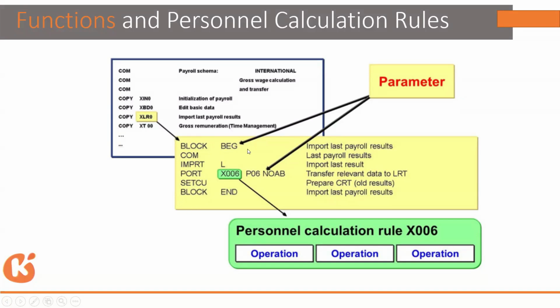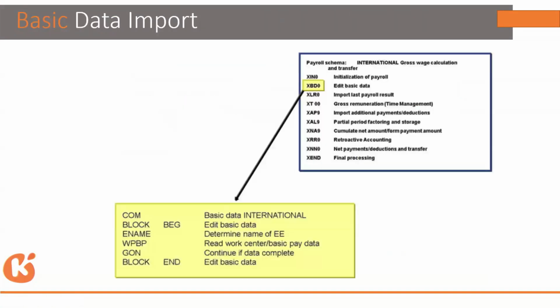Inside that you write all these formulas, and your PCR will contain all these formulas. You can see your X006. If you open this PCR, it will have all these formulas, and basically it will have the operation: how you want to do the operation, and how you want to go ahead.